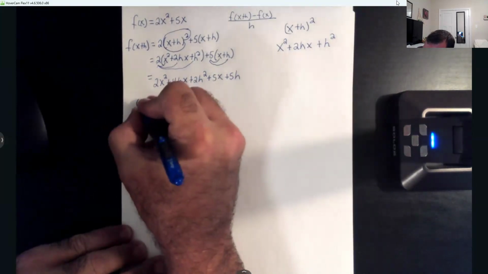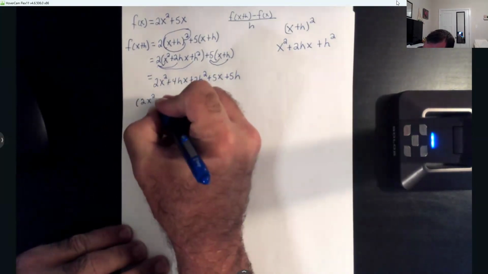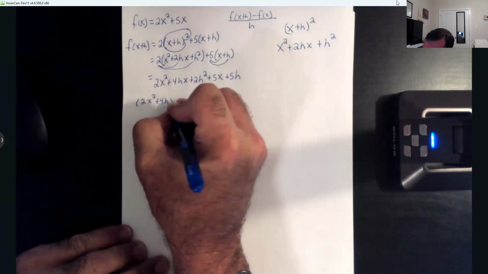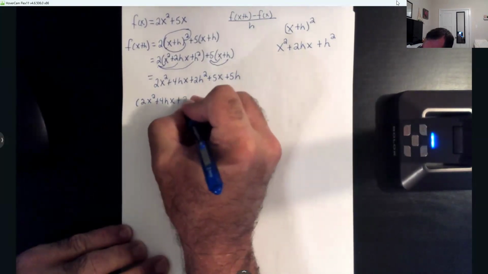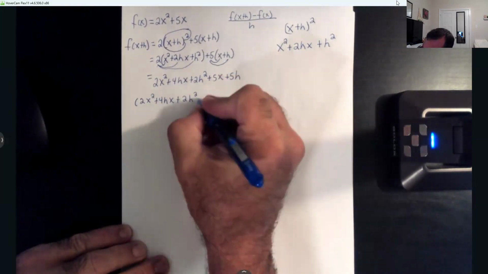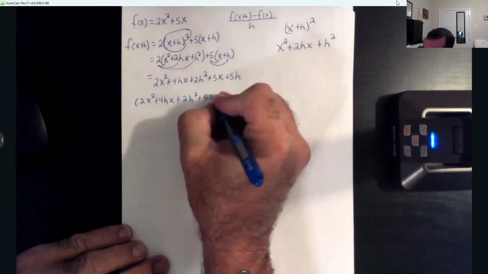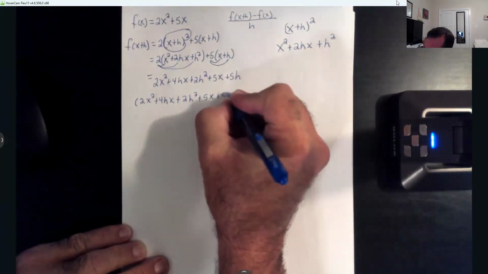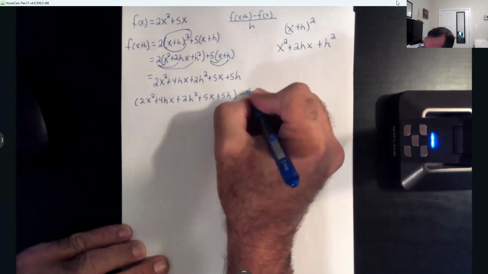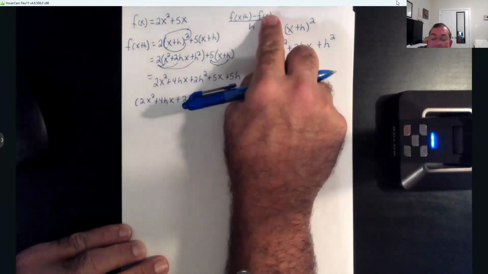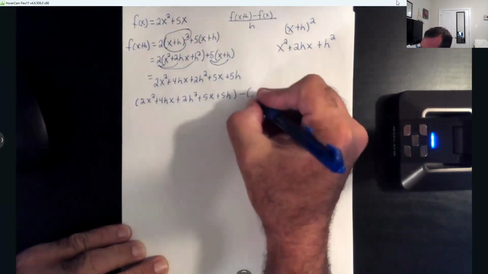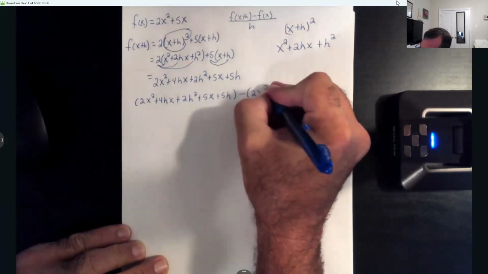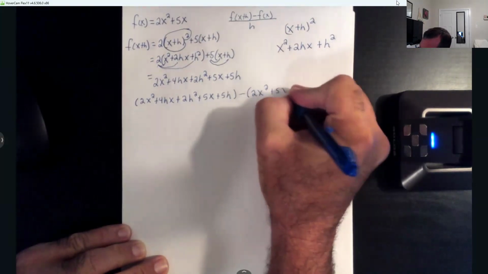So putting that in, you get 2x squared plus 4hx plus 2h squared plus 5x plus 5h minus f of x, which is 2x squared plus 5x.